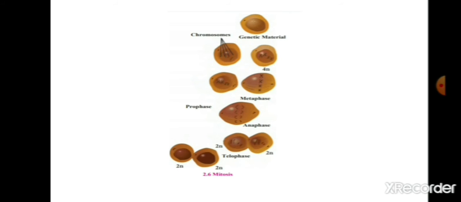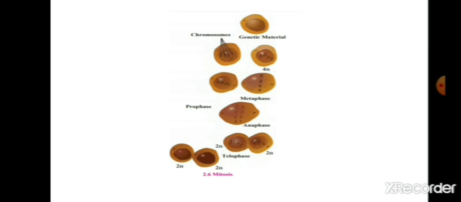You can see on the screen all the phases of mitosis. In telophase, the chromosomes which have reached the opposite poles of the cell now start to decondense, due to which they again become thread-like, thin and invisible.